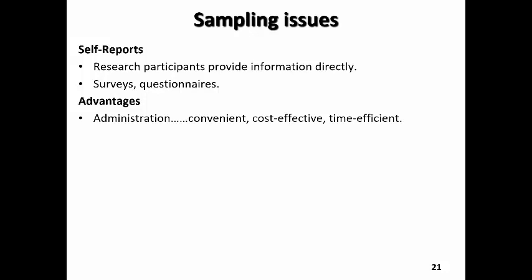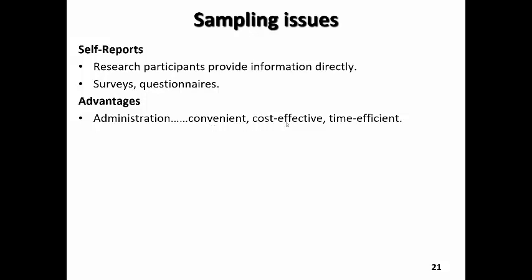One of the issues has to do with self-reports, and a self-report is where a research participant brings the information that the researchers are wishing to obtain into the study. So they're providing that information directly, and this occurs most often with surveys or questionnaires. One of the advantages of self-reports where the participant brings in the information is that it's very convenient on the part of the researchers.